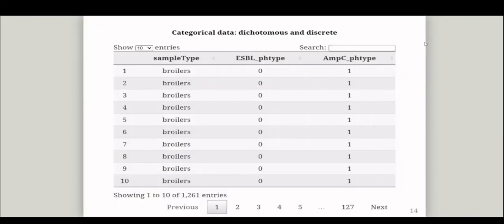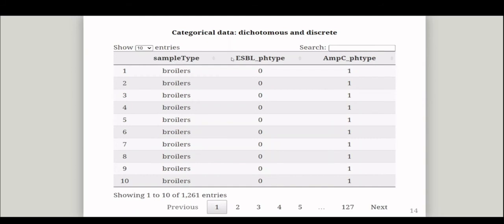This is a data set that contains information about the presence of antimicrobial resistant genes in different sorts of samples. The samples are, for instance, broilers, imported milk, or local meat. So this variable can be considered as ordinal data.